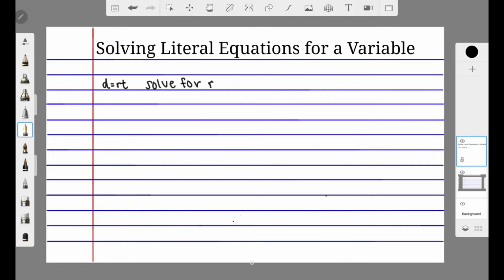Solve for the rate. Alright, we have to try to isolate the variable r. And currently, we have distance equals rate multiplied by time. So that is multiplication.